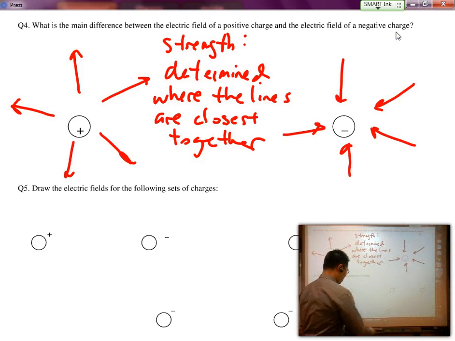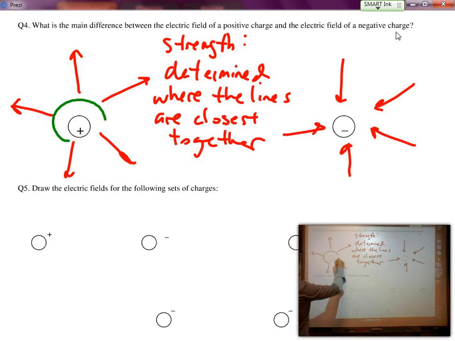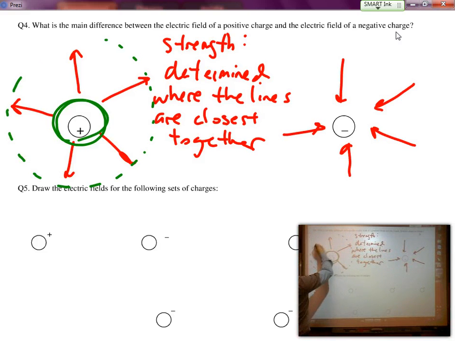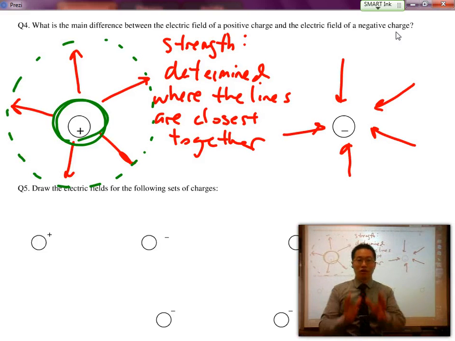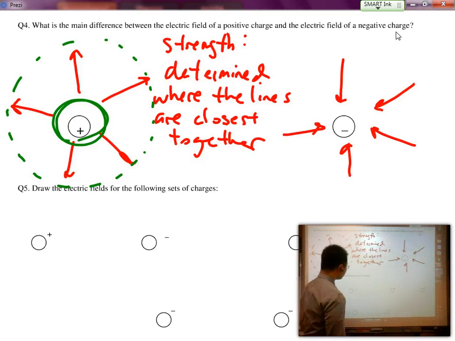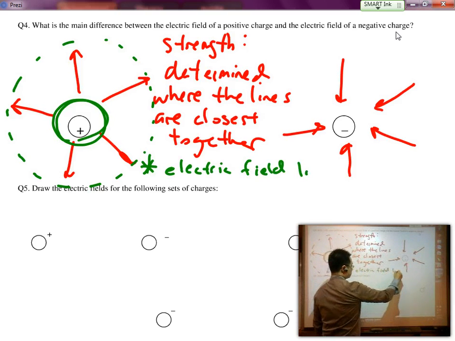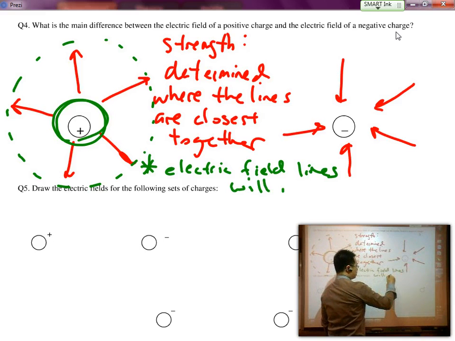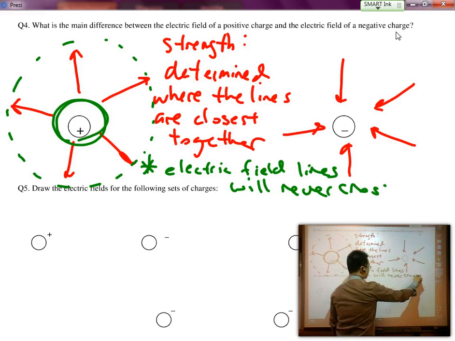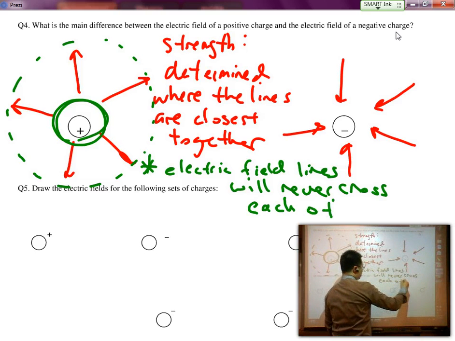And you can obviously say that if these lines are radiating outwards, it's always going to be strongest right near the charge, as opposed to further away, when the electric field lines are more spread apart. Also, one key rule to remember when drawing electric field lines: the electric field lines will never cross each other.